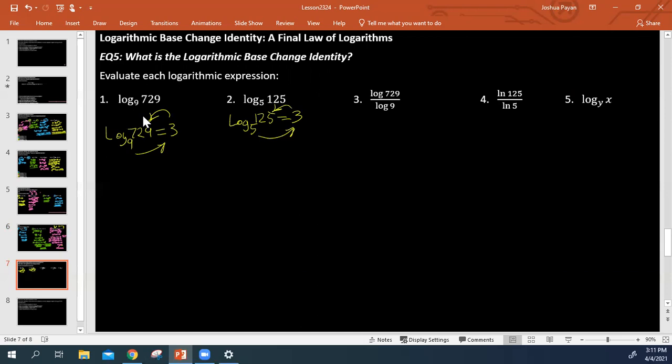Okay, so now we see some uglier ones, right? So now we've got log base 10 of 729 over log base 10 of 9. So anyway, when we throw that in the calculator, if I just hit log 729, that's going to give me approximately 2.863.